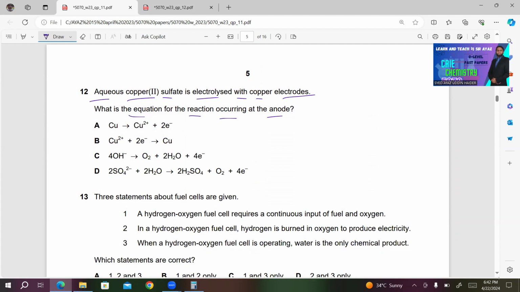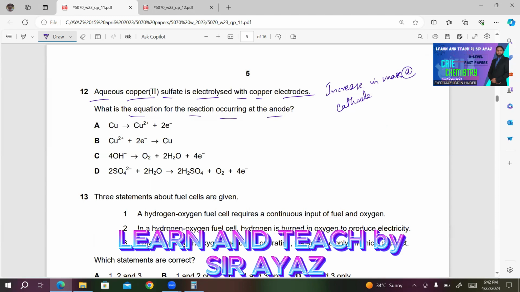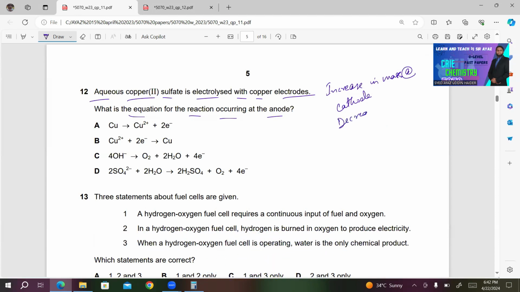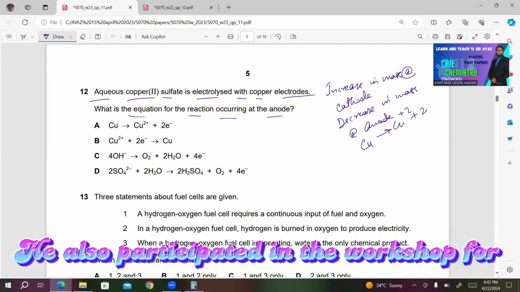Now copper electrodes are used, which means there must be an increase in mass at the cathode due to deposition of copper +2 ions as copper, and a decrease in mass at the anode due to the copper anode dissolving to give Cu+2 and 2 electrons. So A must be the right answer in this case.